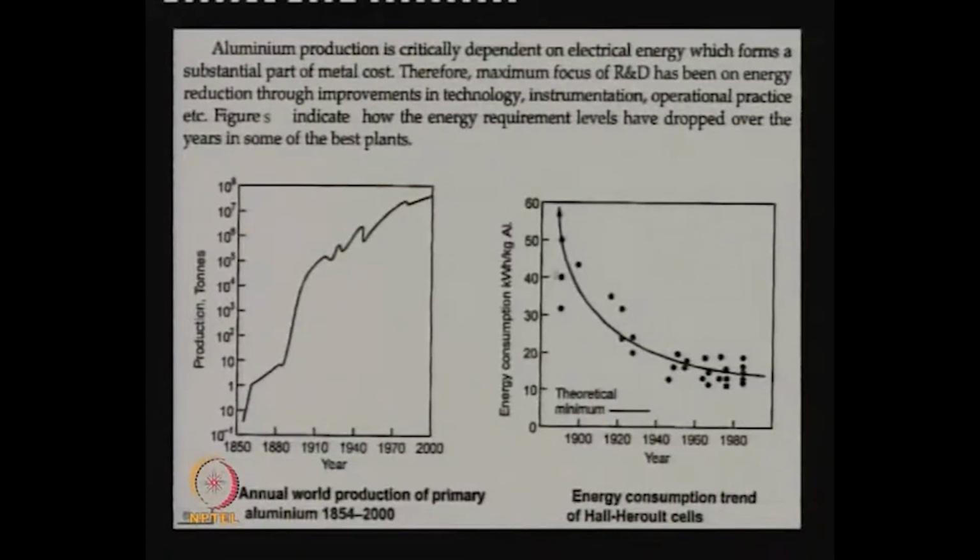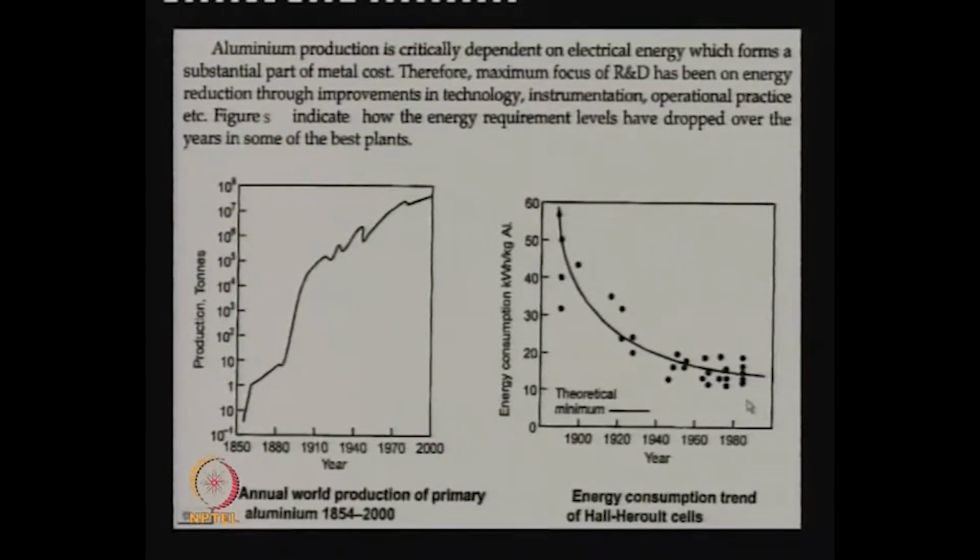Now, a lot of attempt has been made over the years to bring down the energy consumption, and the energy consumption has come down. It is difficult to go to the theoretical energy required for dissociation of Al2O3, because you need some energy to keep the bath in hot condition.